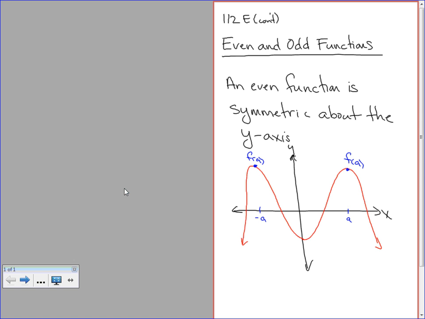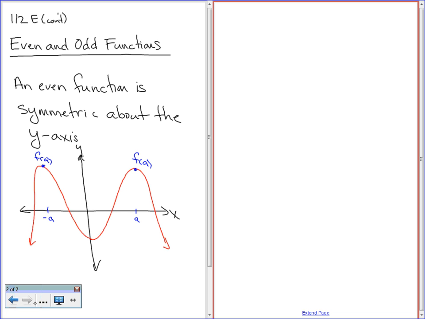What I'm going to expect you to do is to be able to prove whether a function is even algebraically. And to prove it algebraically, you have to use this property. An even function satisfies the property.